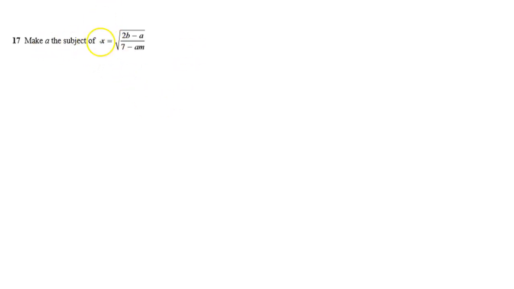Make a the subject of this. So x is equal to root of (2b minus a) divided by (7 minus am). Whenever you find a square root sign, we square both sides.